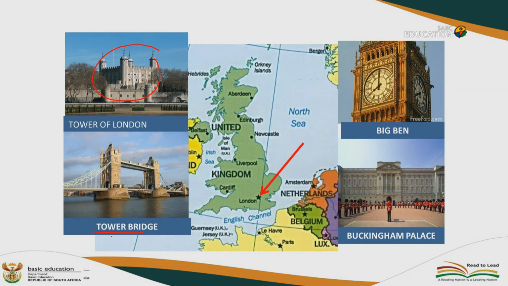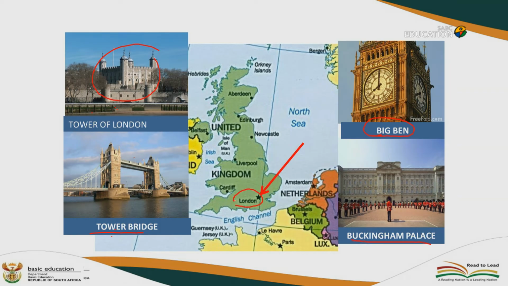They are totally different structures. We have the Big Ben. And then we have the Buckingham Palace. All of them are located in London. We've got 4 of them. Please make sure that you learn them individually.